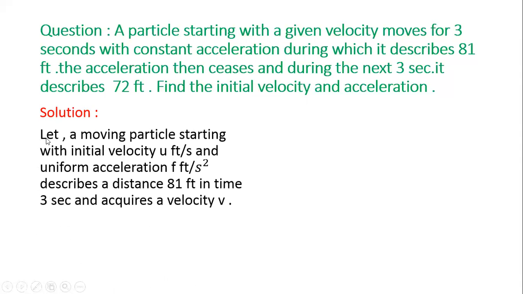Solution. Let a moving particle start with initial velocity u feet per second and uniform acceleration f feet per second square, and describe a distance of 81 feet in time 3 seconds and acquire a velocity v. Then using v equals u plus ft, we get v equals u plus 3f, here t equals 3 seconds.